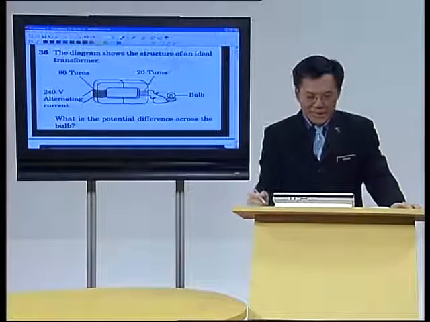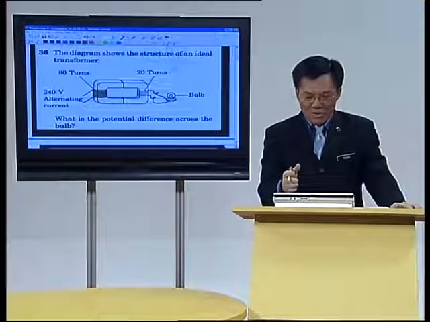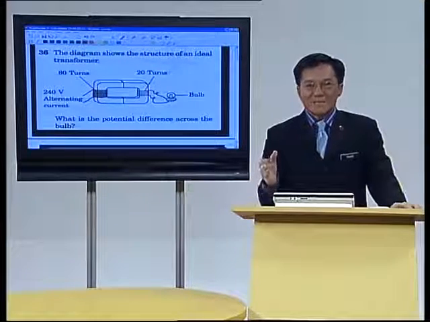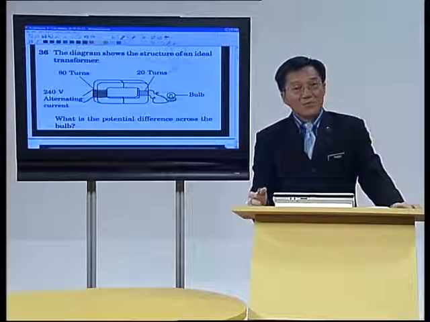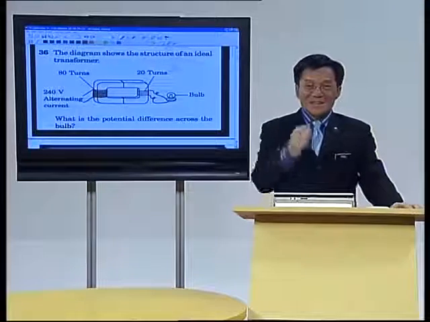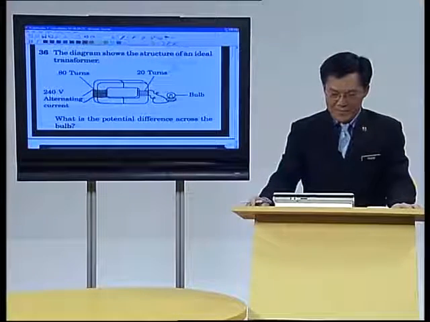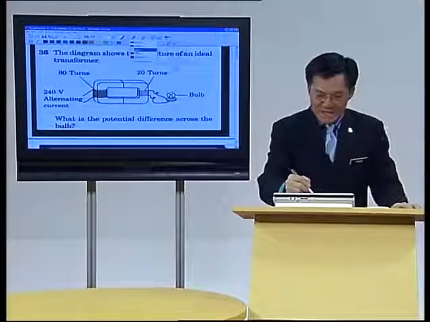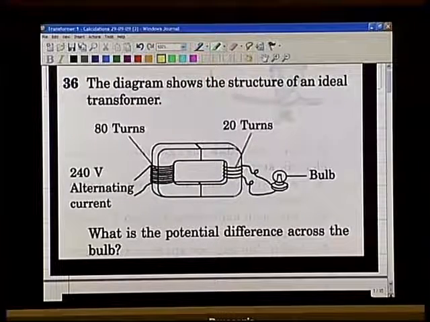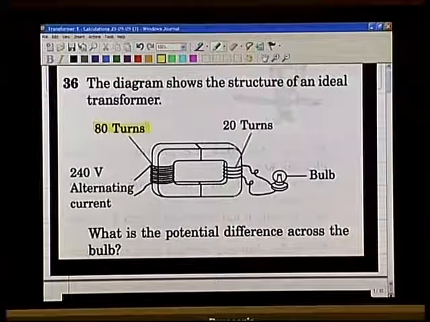Now look at this diagram. You have a transformer. First and foremost, ask yourself, what kind of transformer is this? Is it a step-up transformer or a step-down transformer? You have here 80 turns, and you have here 20 turns.